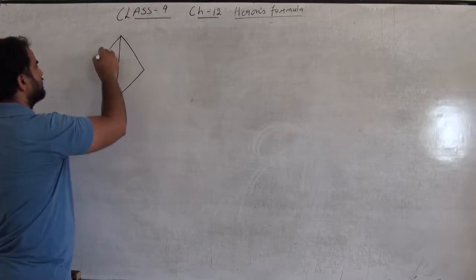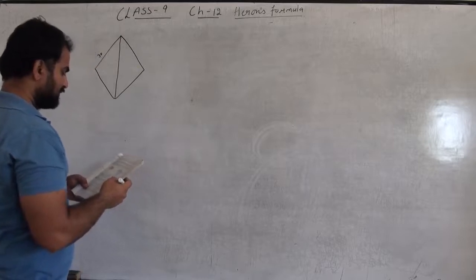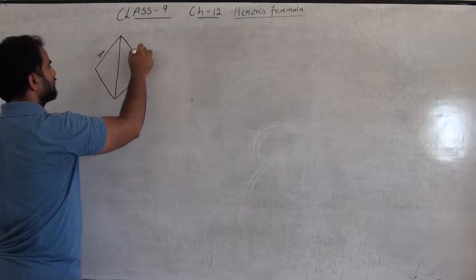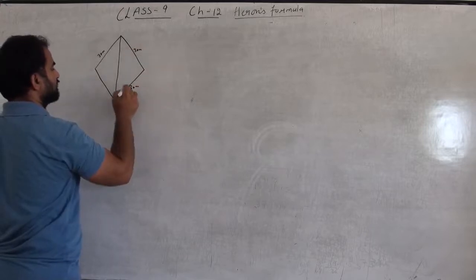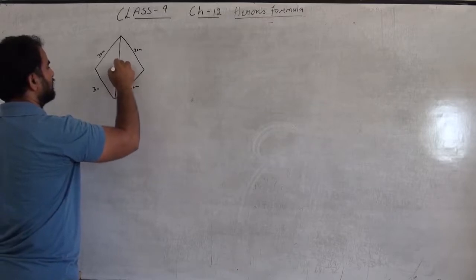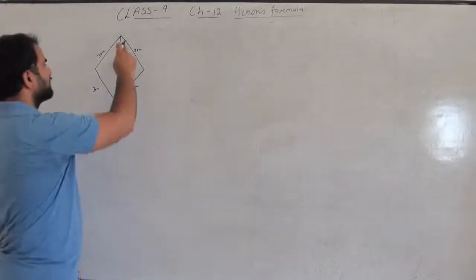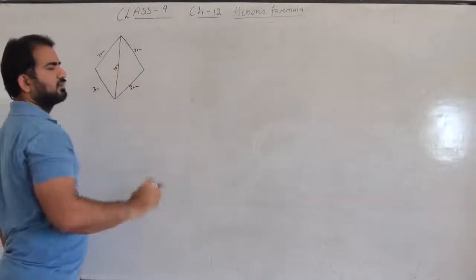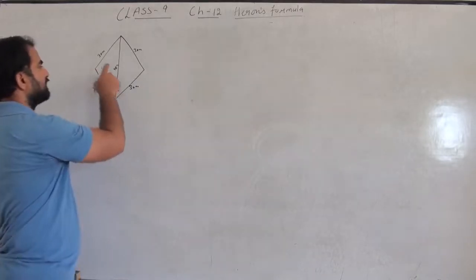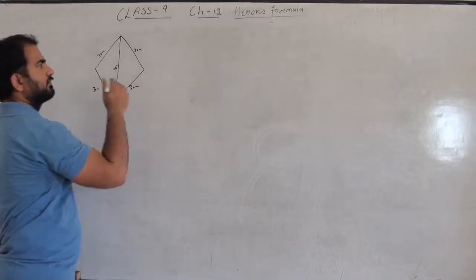Each side is 30 meter, so it is 30 meter, it is also 30 meter, and this one is 48 meter. Done. So this diagonal divides the rhombus into two triangles. So we will find the area of one triangle and then multiply it by 2. Then we will get the total area.